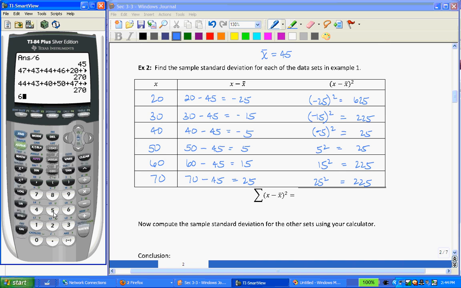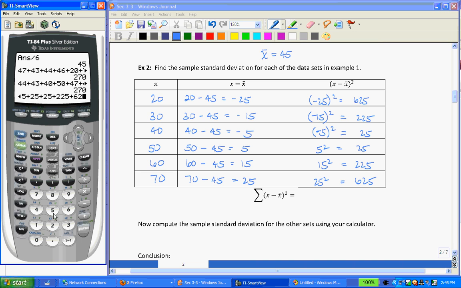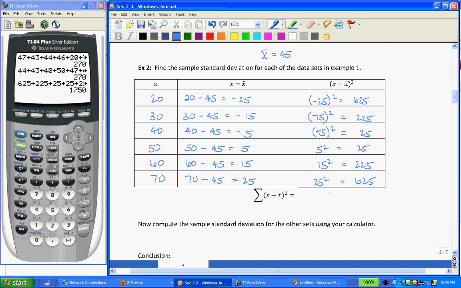So we have 625 plus 225 plus 25 and so on, and we get 1750. Okay, well, let's look back at our formula.